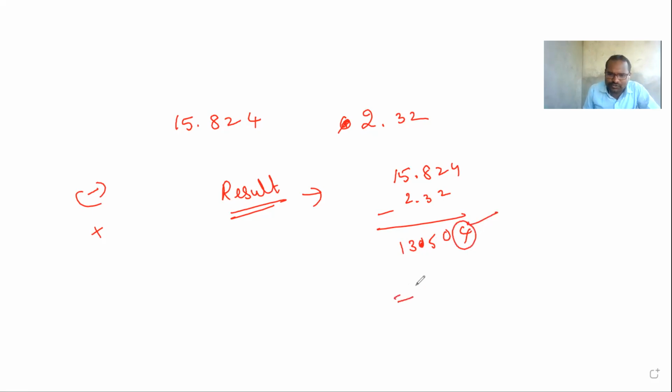Your final result should be 13.50. 2 decimal places should be there, no? See here, 2 decimal places are there. Here 3 are there. So among these two, the lesser number of decimal places is 2. So 2 decimal places should be there, and the 4 can be dropped directly.